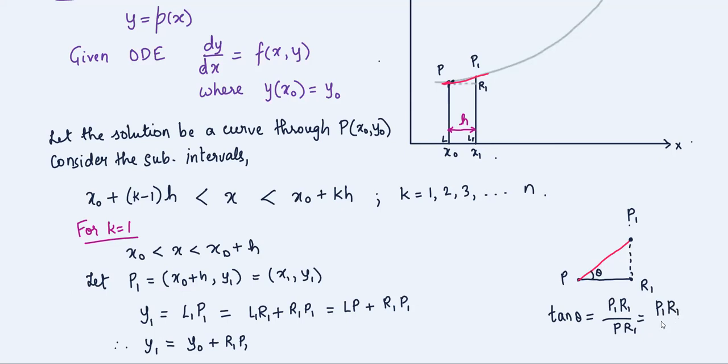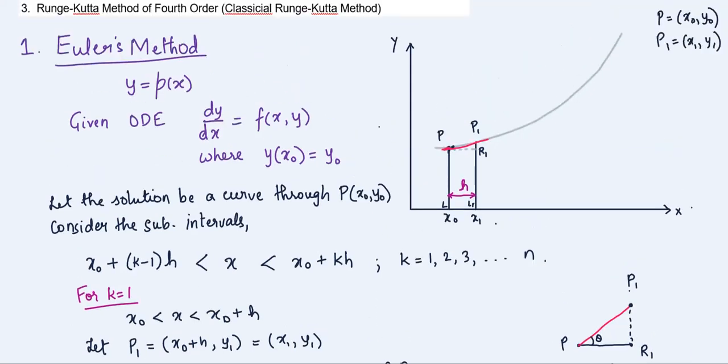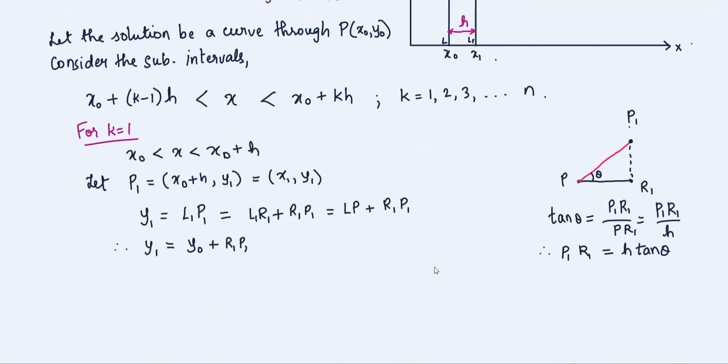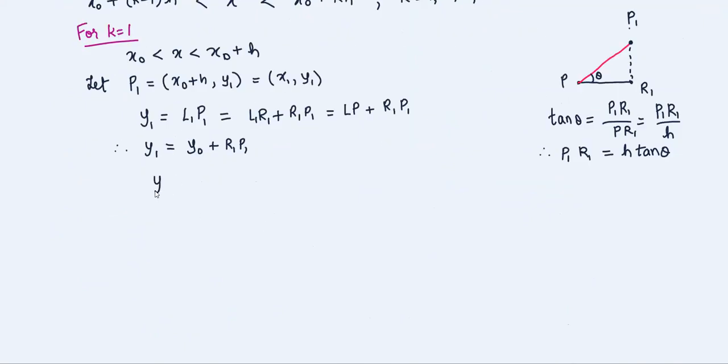So P1R1 is equal to h times tan theta. So we get y1 equal to y0 plus h tan theta. Now tan theta is the slope of the tangent, which is dy by dx at P.